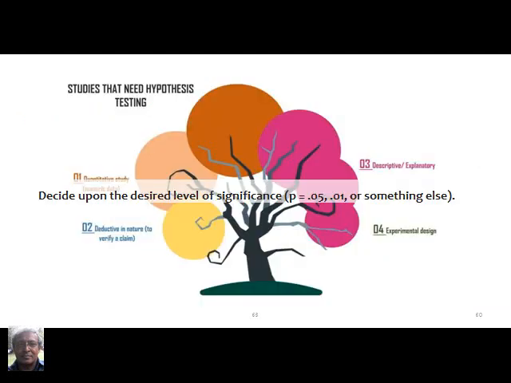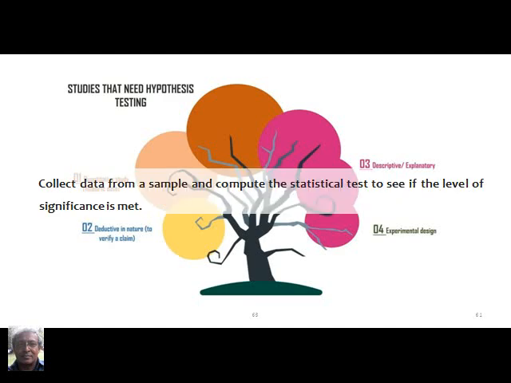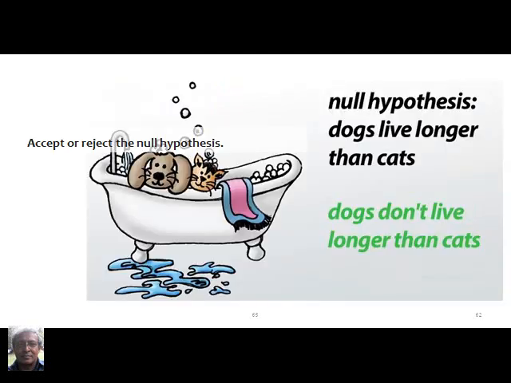Decide upon the desired level of significance, p equals 0.05, 0.01, or something else. Collect data from a sample and compute the statistical test to see if the level of significance is met. Accept or reject the null hypothesis.